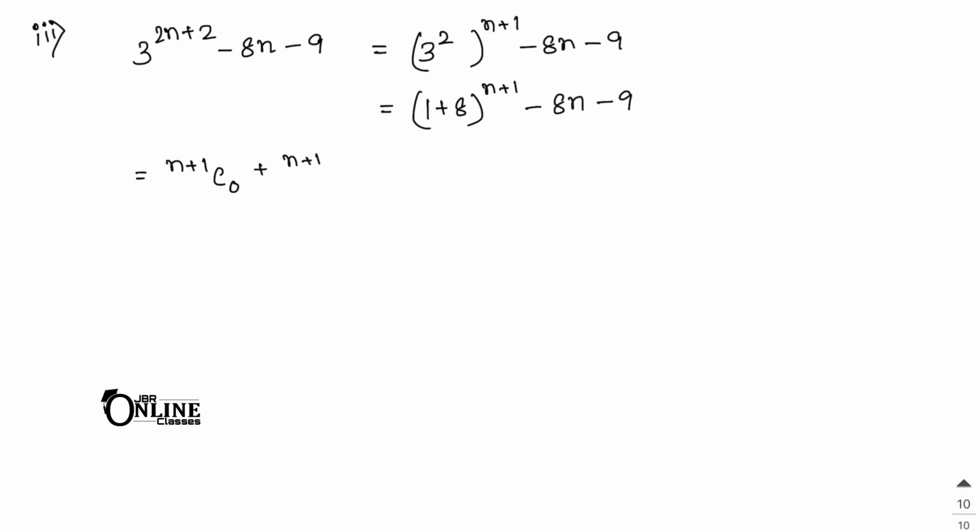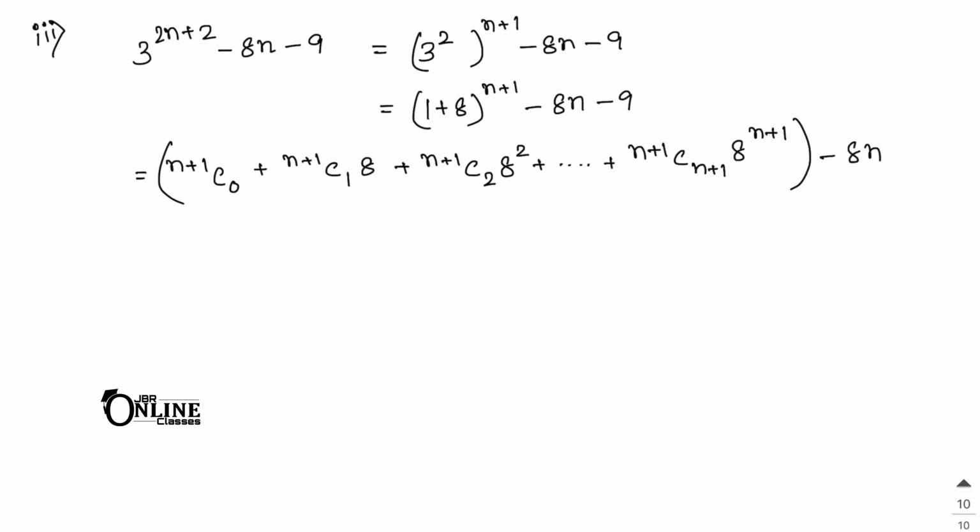The second one will be (n plus 1)C1 and it will be 8. After that (n plus 1)C2, it will be 8 square. In this way you can write (n plus 1)C(n plus 1) and it will be 8 to the power n plus 1, then minus 8n minus 9. So (n plus 1)C0 will be 1, (n plus 1)C1 will be n plus 1 into 8.